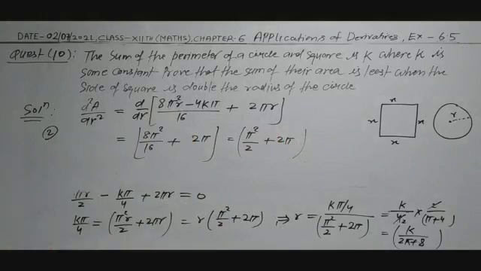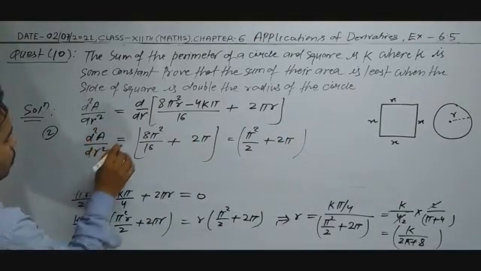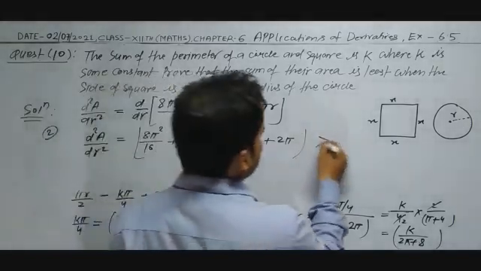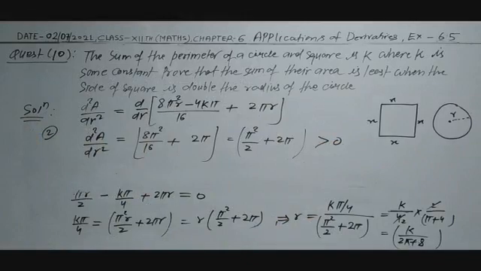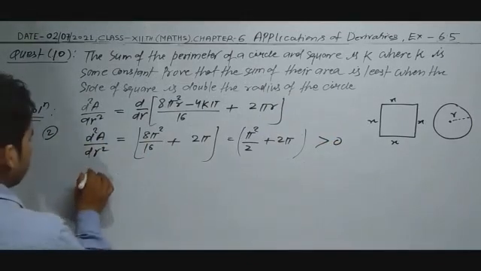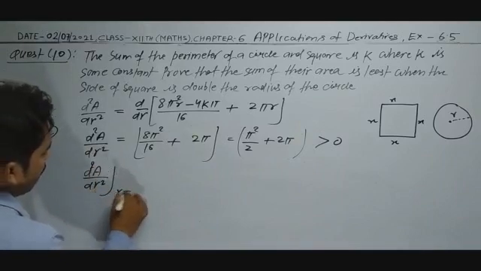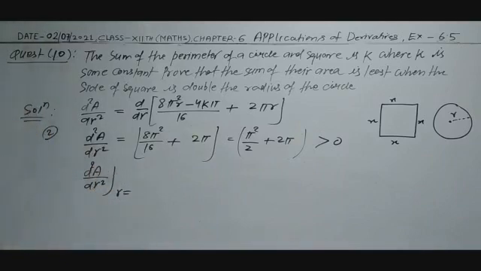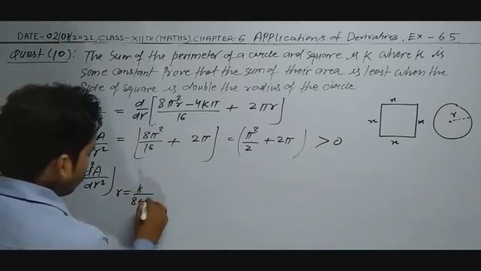Now d2A upon dr2 result is positive. This is greater than 0. Now you can say d2A upon dr2 at r is equal to k upon 8 plus 2 pi.